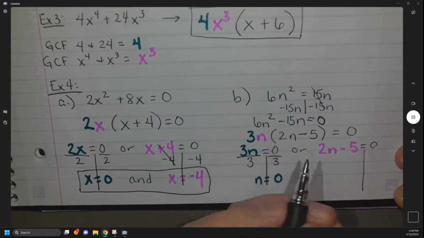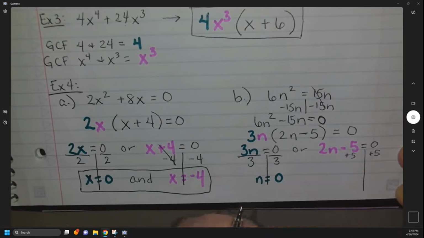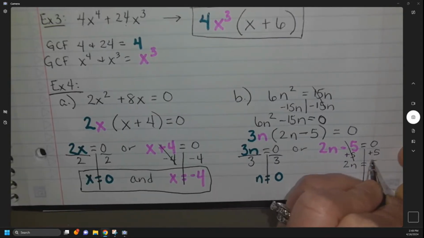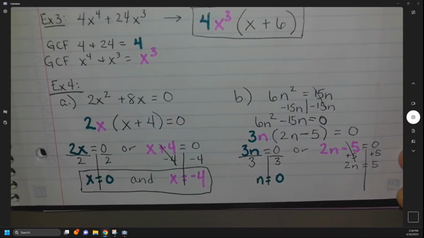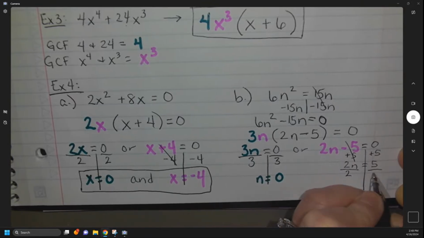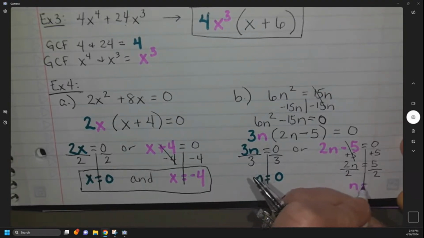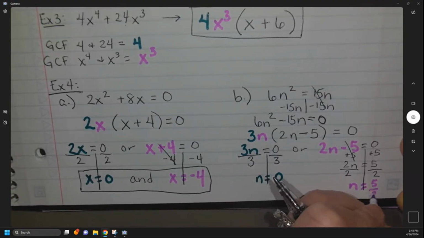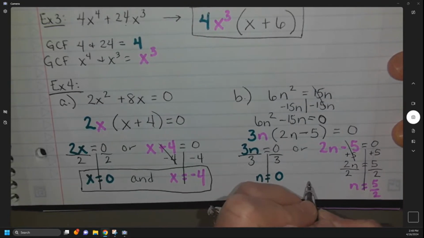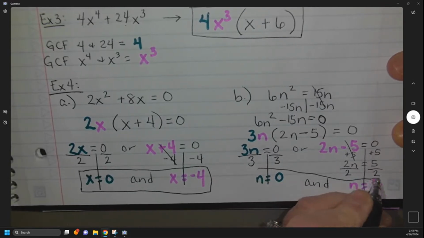On this side, we're going to start by adding 5 to both sides. So I have 2n equals 5. And then I'm going to divide both sides by 2. So this side says that n equals 5 halves. So our two roots or our solutions are n equals 0 and n equals 5 halves.